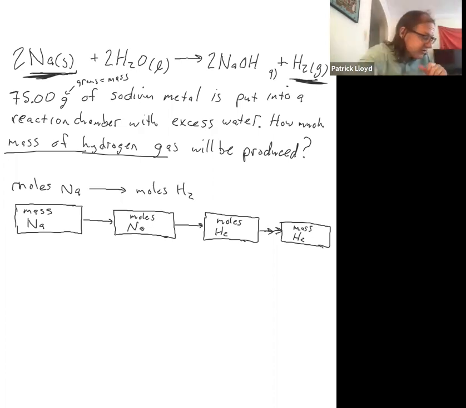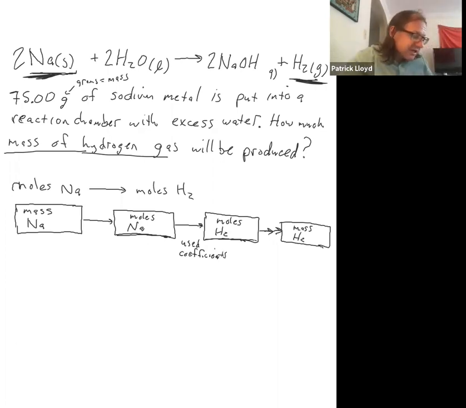And I want to talk about this flow chart for a moment. In the previous problems, we were given the moles of one substance, and then we converted that to moles of the other substance, like the ammonia and the nitrogen, the ammonia and the hydrogen. This is the middle part of this flow chart. How did we do that? We used the coefficients.